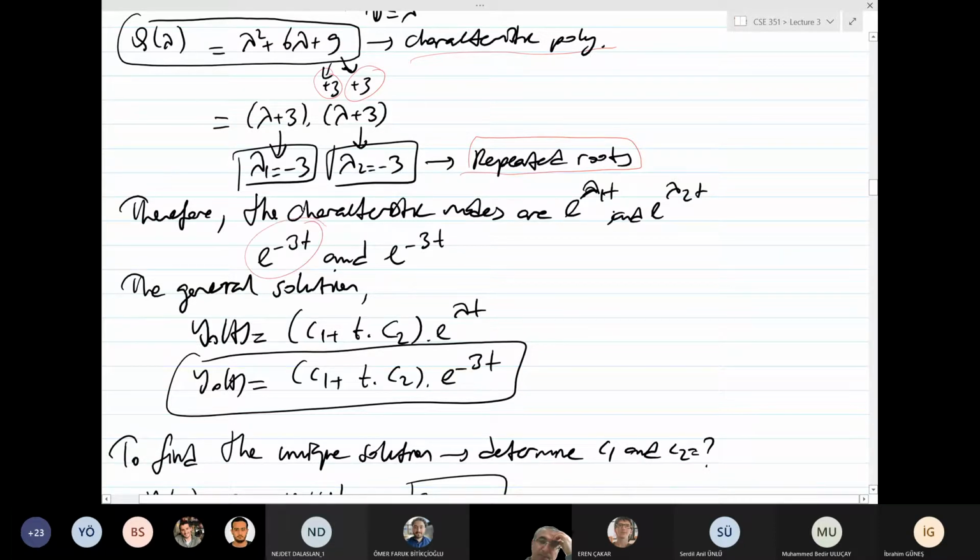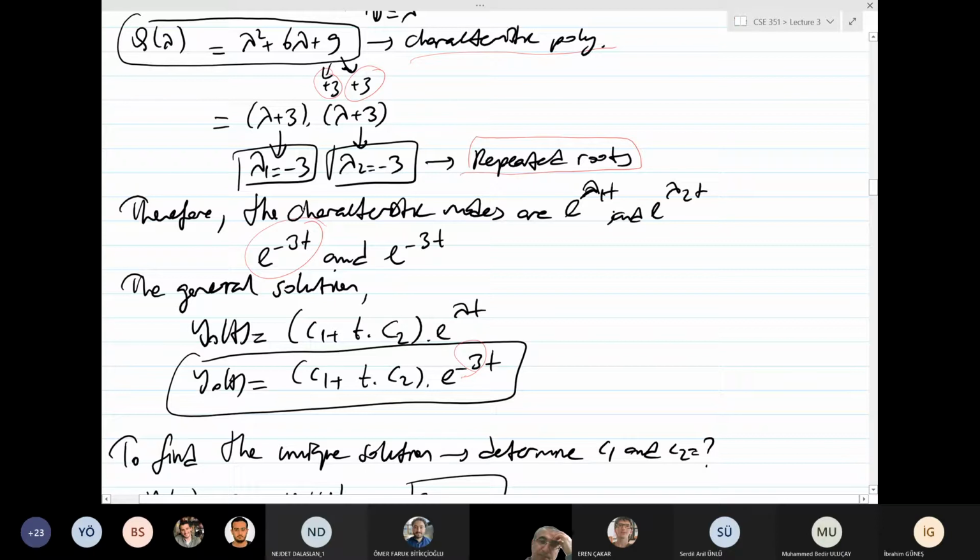So the general solution for the repeated root case, if you guys remember, for the two roots is (c1 plus t times c2) times exponential lambda t. Now let's plug in what we know. We know the lambda, and we plug in here, and our equation becomes y0 of t is equal to (c1 plus t times c2) exponential minus 3t.